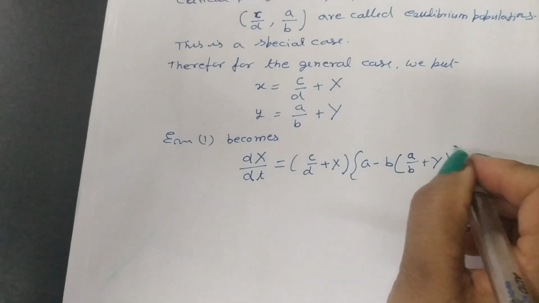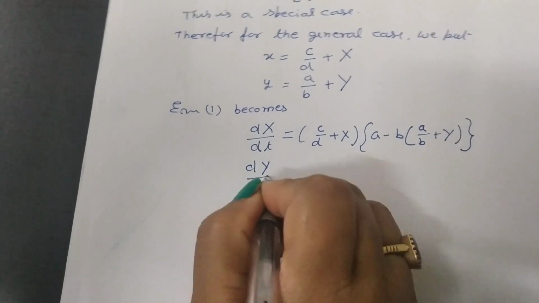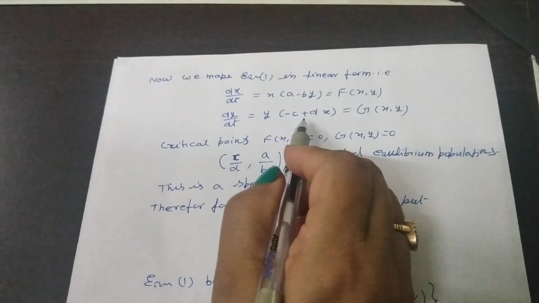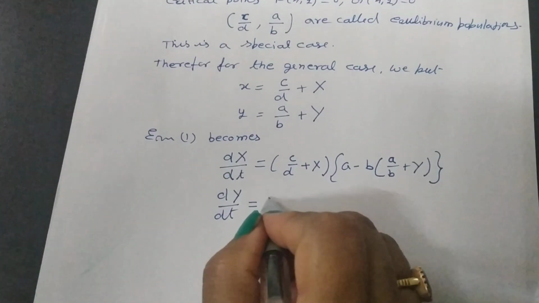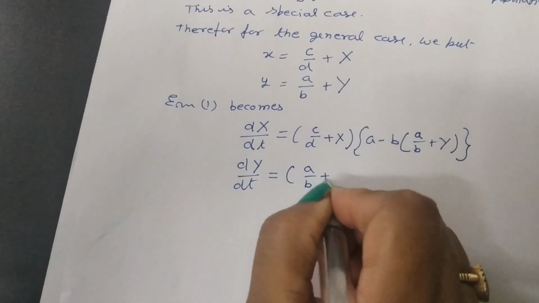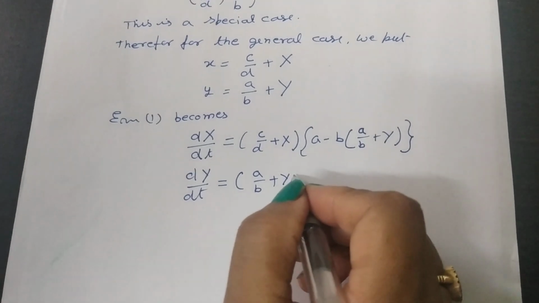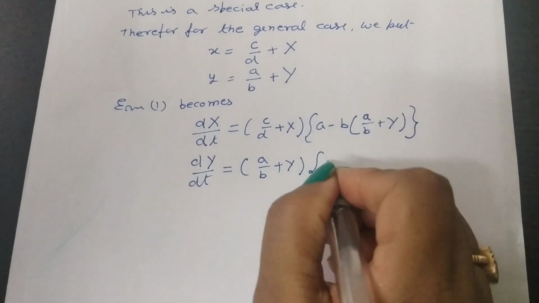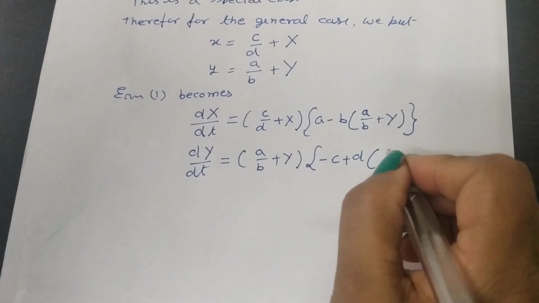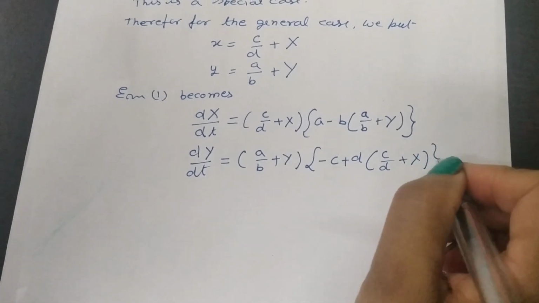And similarly dy by dt can be written as y minus c plus dx, that is, substituting y is a by b plus y, minus c plus d times c by d plus x.